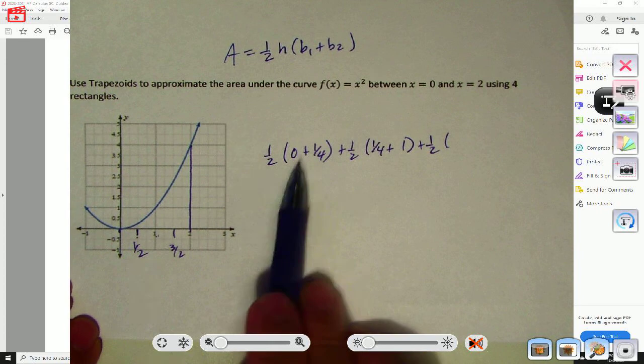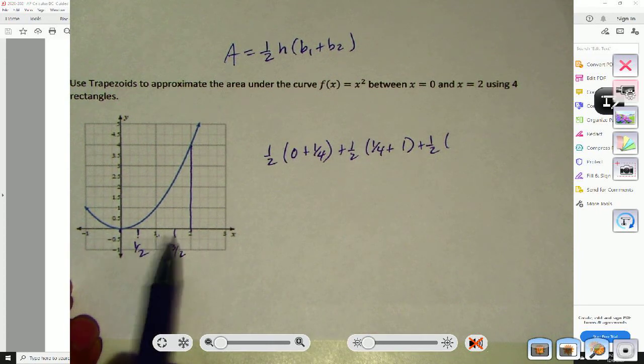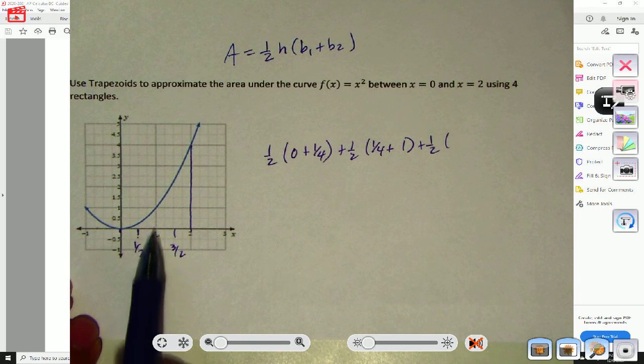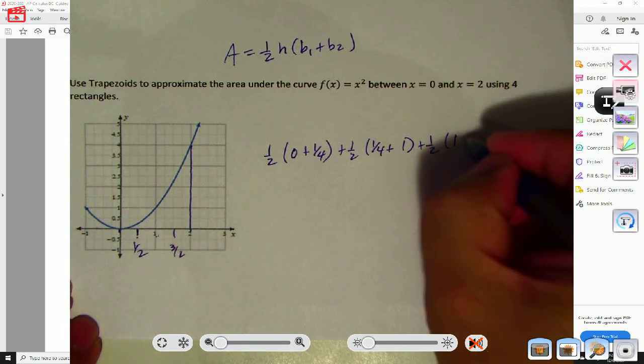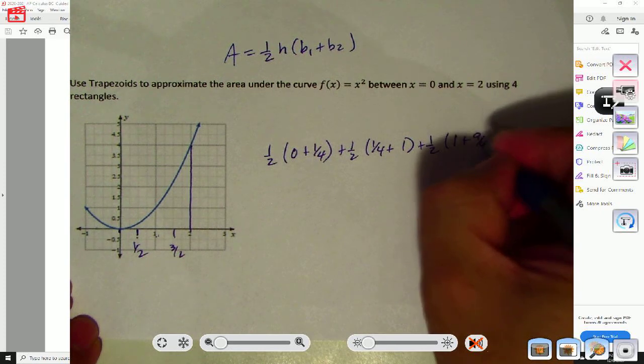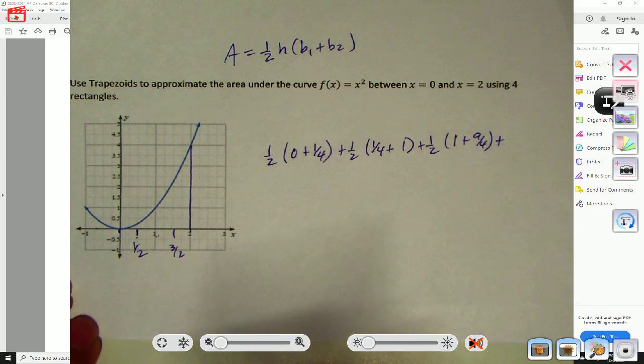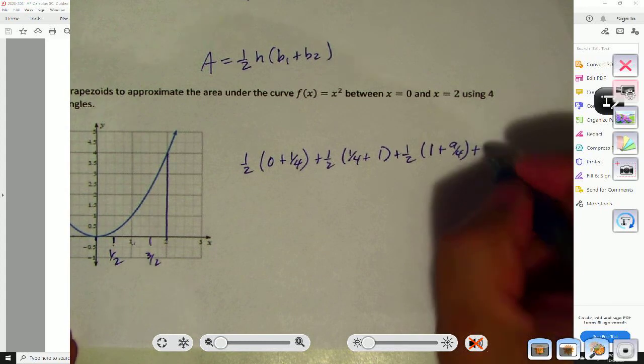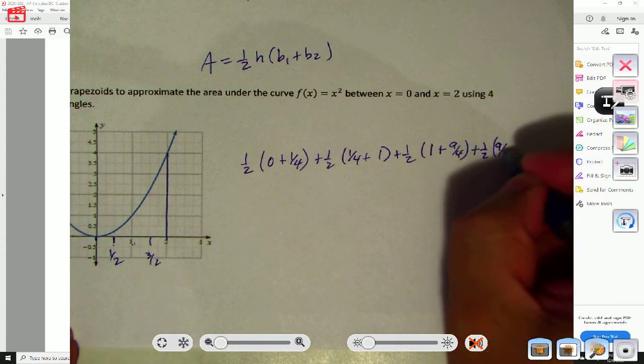So we've done the first subinterval, second subinterval, now we're in the third subinterval. So the left endpoint of the third subinterval is at 1, so 1 squared is 1. And then 3/2 squared, which is 9/4, okay, plus 1/2, 9/4 again, right?